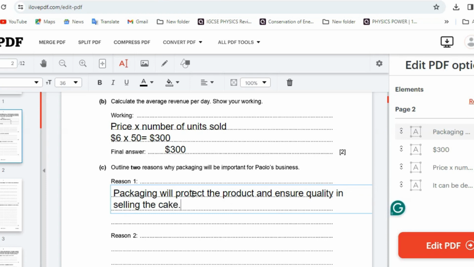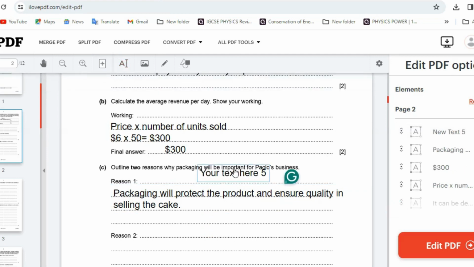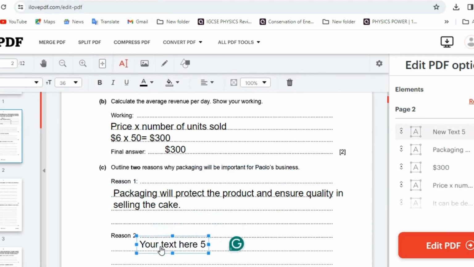That is an application. Another reason is that it can promote brand image. The packaging will differentiate Paulo's goods from other products.